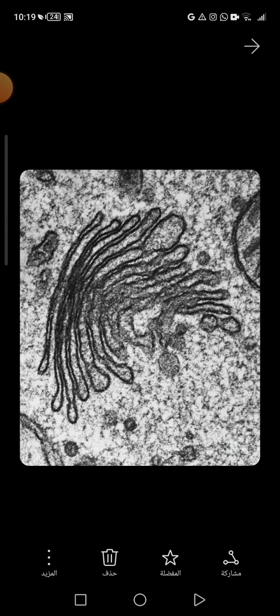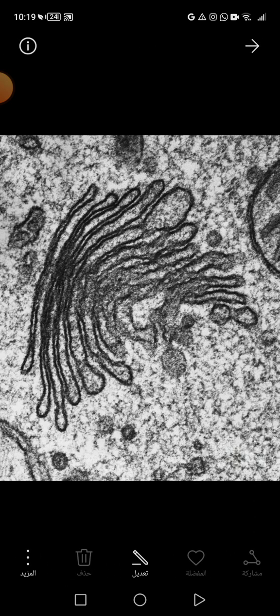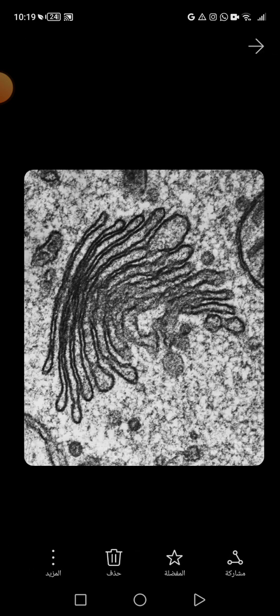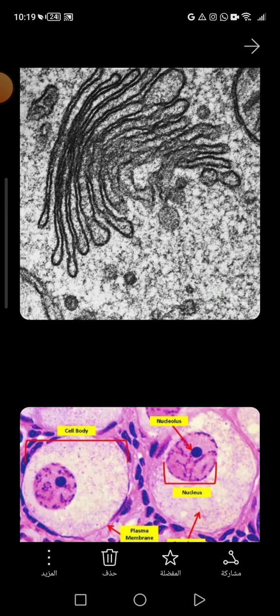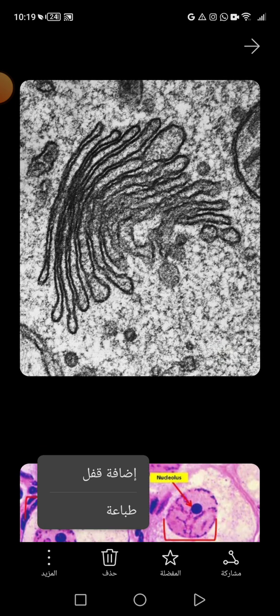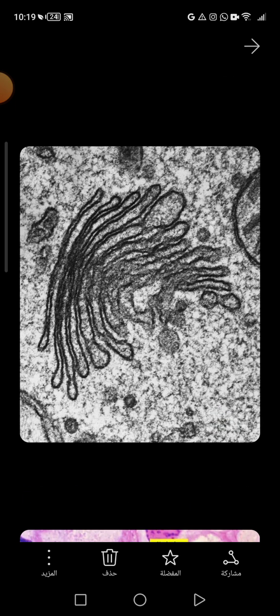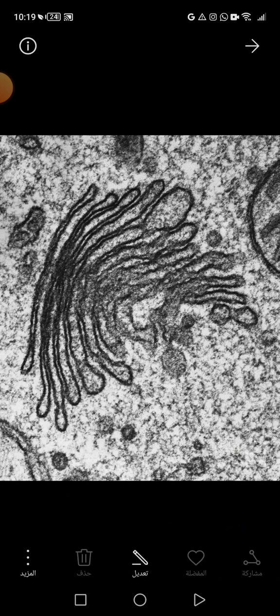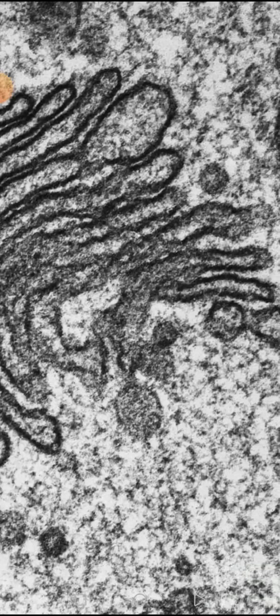Let's go to the Golgi apparatus. As you see, the first face that I will magnify now is called the cis face.